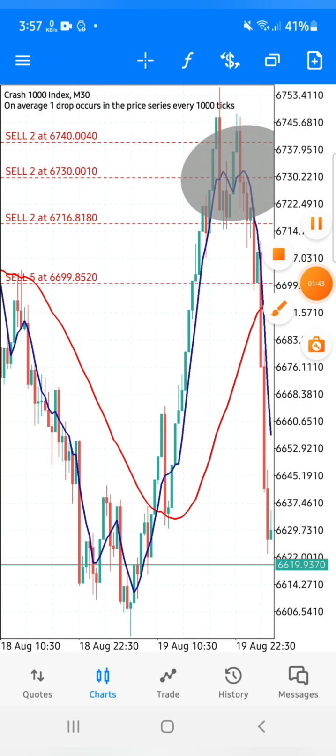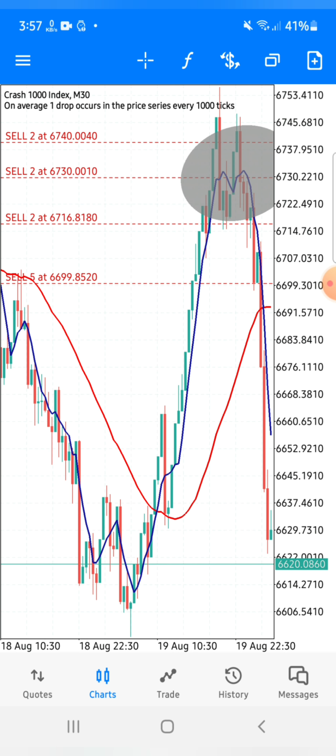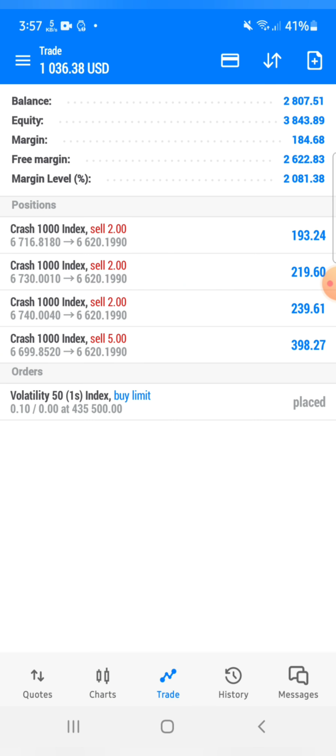So now to confirm that it has broken the consolidation, the moving average is going to cross over at the higher highs there. You can take another position, or you can take even more positions. As you can see, I put up 2 standard lots in 3 places, and when it breaks and I see the crossing of the moving averages, I open a whopping 5 standard lots to get my results in just a matter of a few hours.